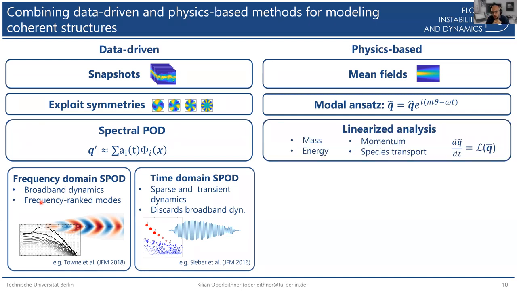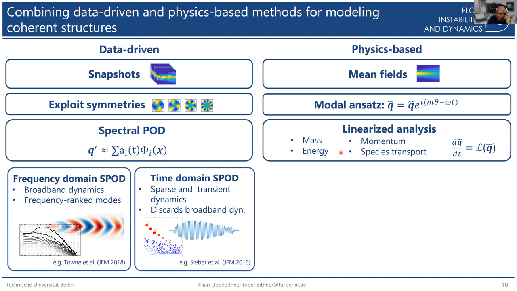Then we plug this ansatz into our governing equations and linearize those equations with respect to this perturbation. We mostly do this for the momentum and mass equations, but there are also some cases where we use the energy and species transport equations, and this is particularly important for the reacting flow cases.